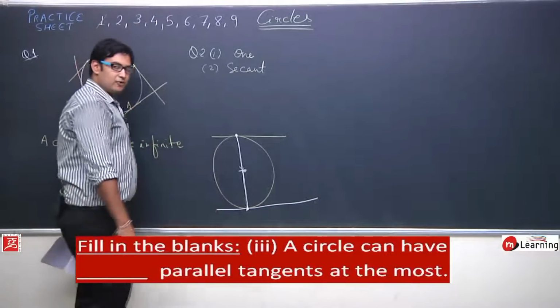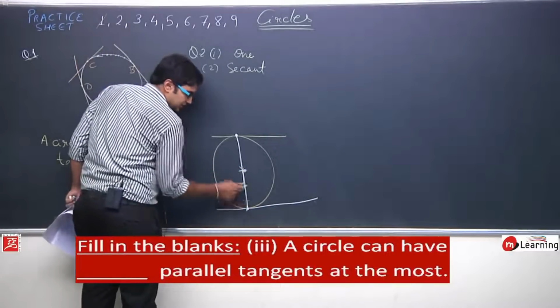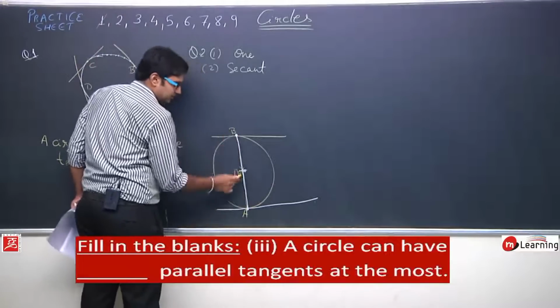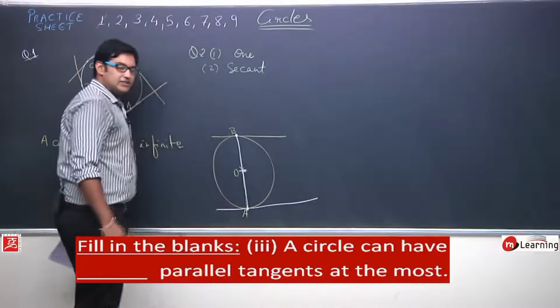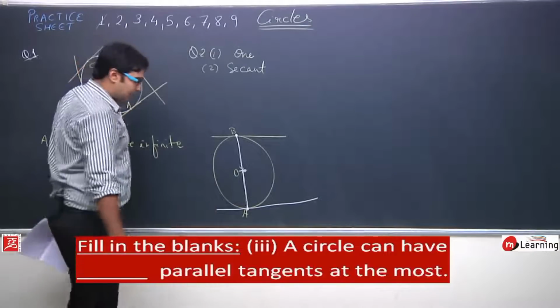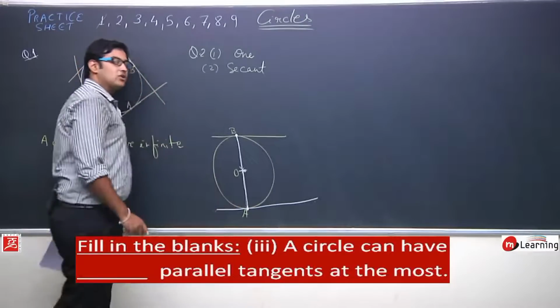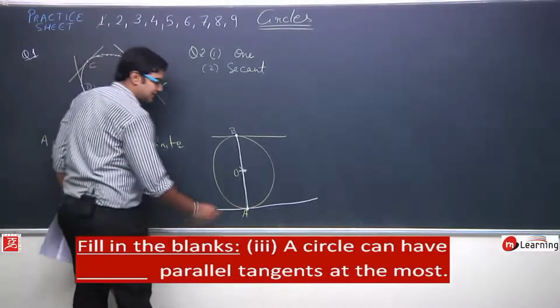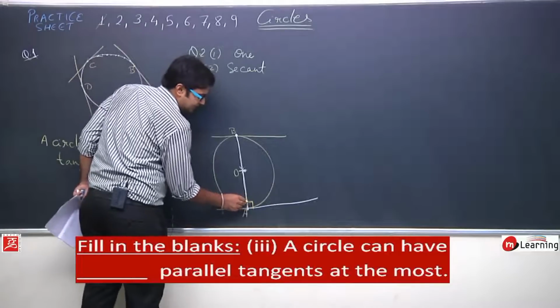If you observe properly, let us say this is O, this is A, and this is B. This OA is the radius of the circle because it passes through the center, and A is the point of contact of the circle and the tangent. That's why I can say that this angle is 90 degrees.